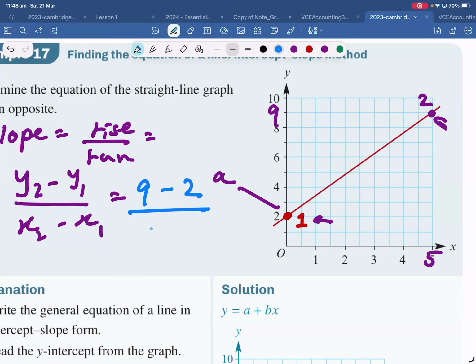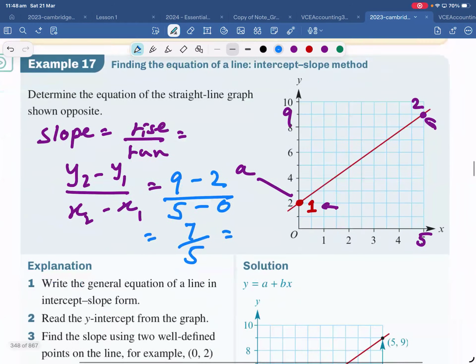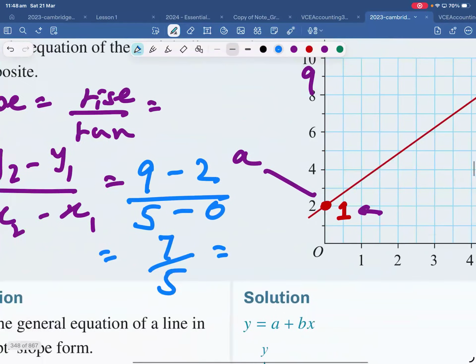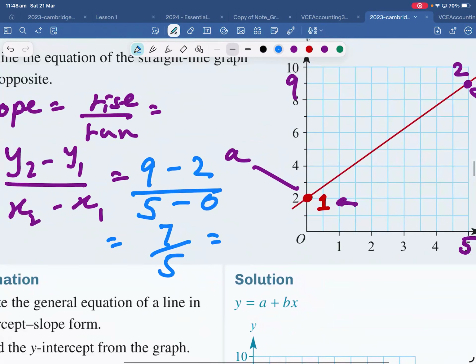And what is x2? And x1 is 0, very good. So that means 9 take away 2 is 7, and 5. As a result, we can take 7 over 5, otherwise we can simplify. I think we'll take it as a fraction. Oh no, they have done it in decimals. So then 1.4.